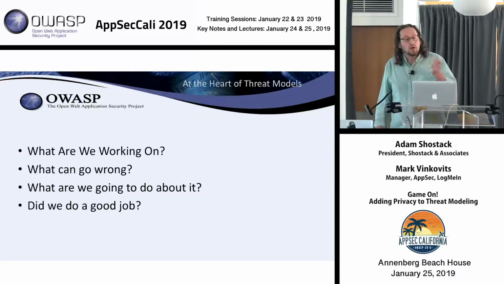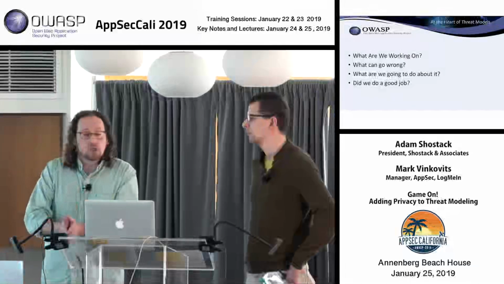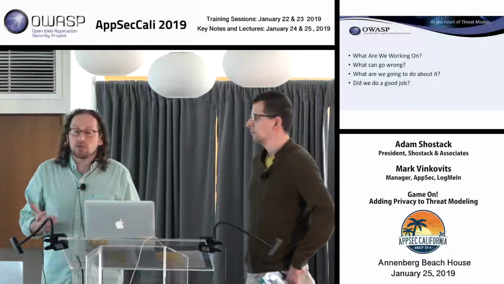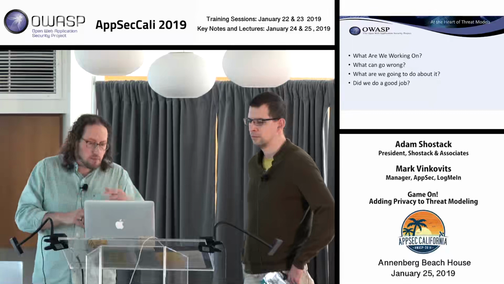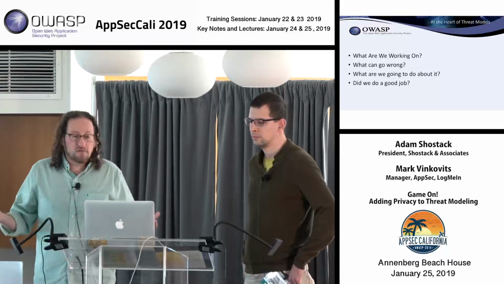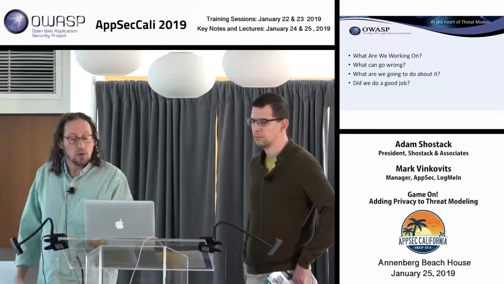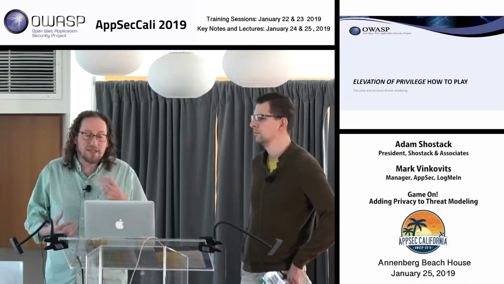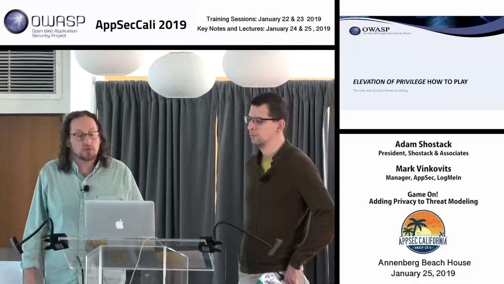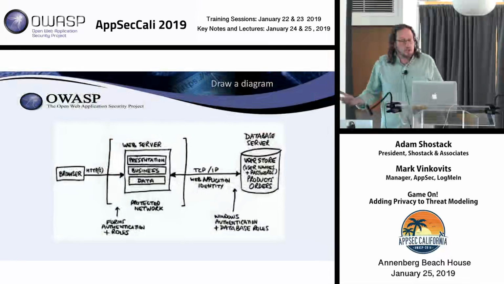What are we working on? What can go wrong? What are we going to do about it? And did we do a good job? And so there's lots of ways to answer each of these questions. What are we working on? Might be a whiteboard diagram, it might be something very fancy. And so as we get into Elevation of Privilege, which was created to be the easy way to learn how to threat model, we start with something super simple, like a whiteboard diagram.